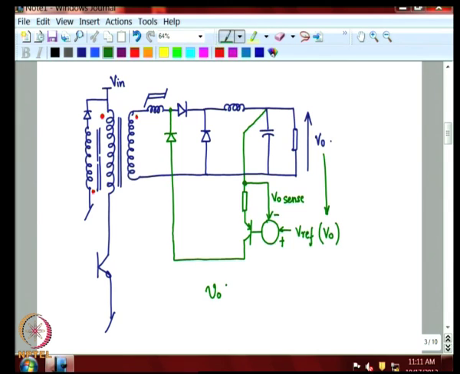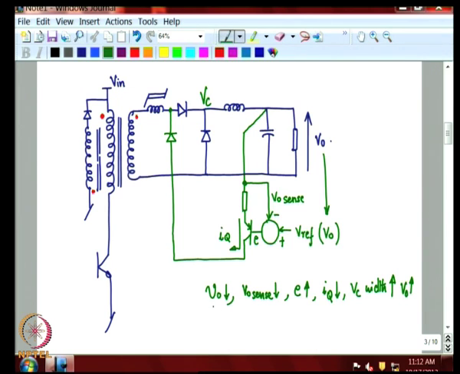So, if V naught decreases, V naught sense decreases, and let me call this one as E error, error increases, and let us say the current IQ, the IQ current decreases because the PNP is now biased more towards cutoff, and as a result pulse VC width, VC is this one, VC width increases and therefore V naught increases.